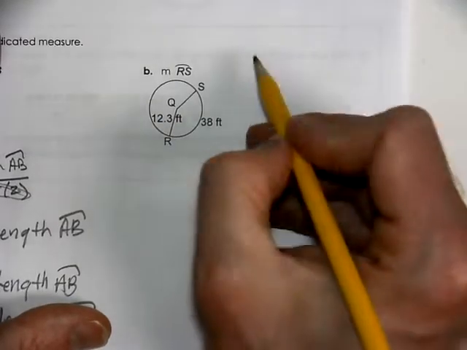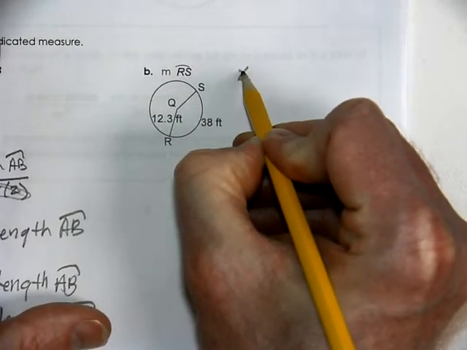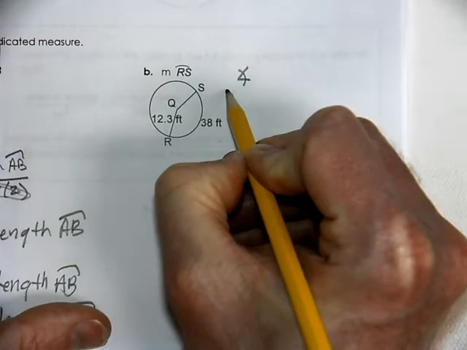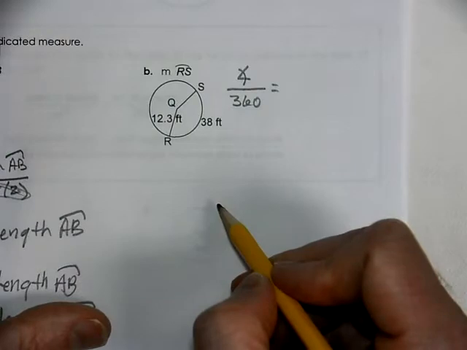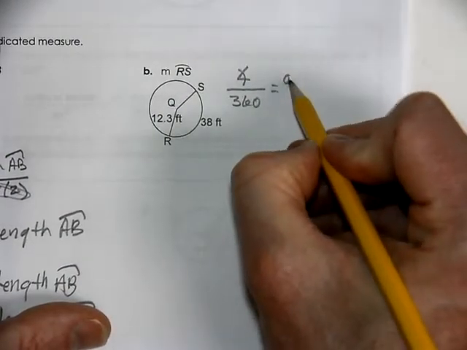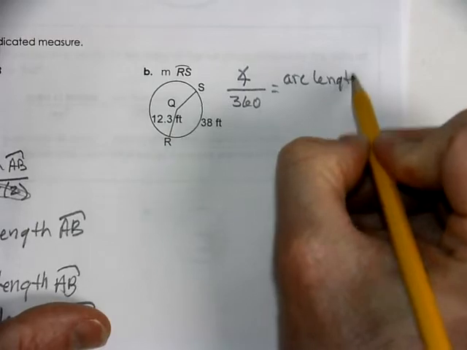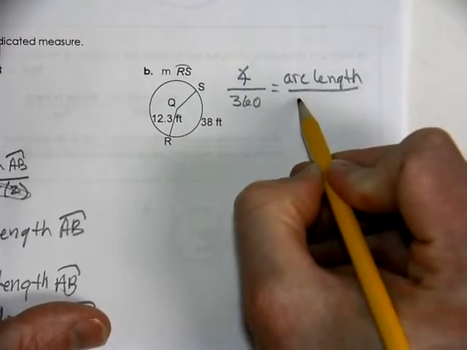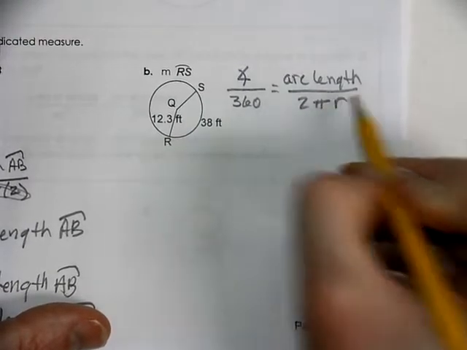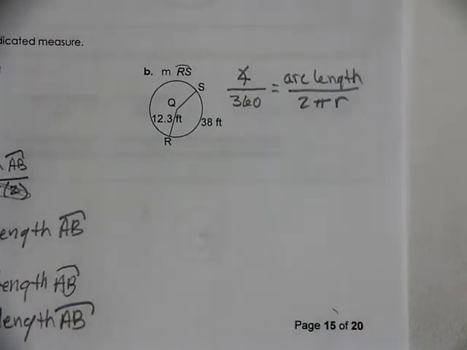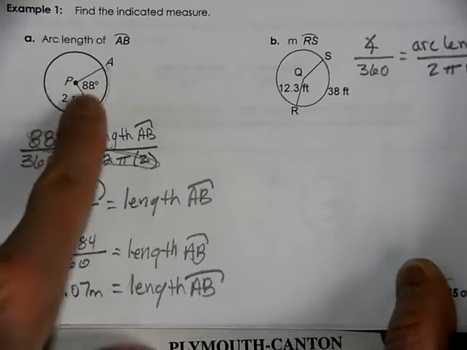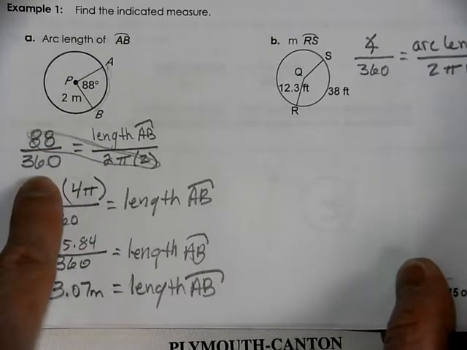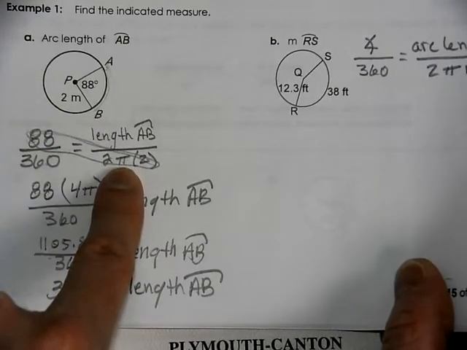So our formula, you could say, would be the angle over 360 is equaling the arc length over circumference. That's our basic formula. That's the same formula we used over here. The central angle over 360, the arc length over circumference.